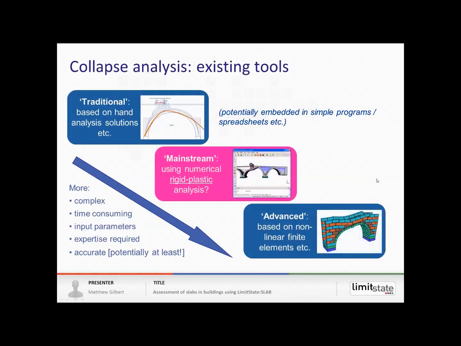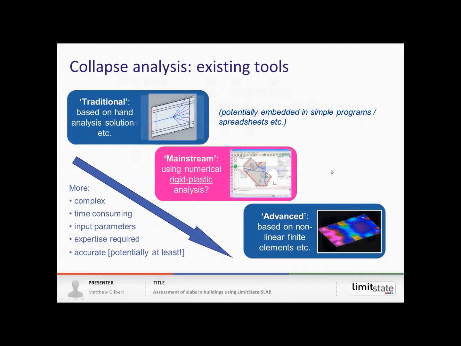Same applies for masonry structures, where we can get many of the benefits of both traditional and advanced tools. And today's session is clearly about slabs, and again, we're able to rapidly analyze structures of any geometry, something that you can't do with either traditional or advanced tools.